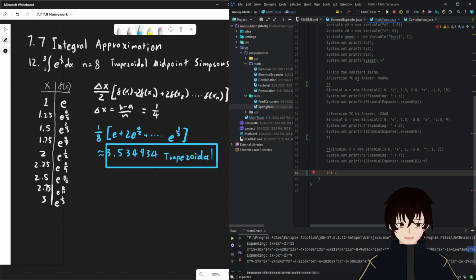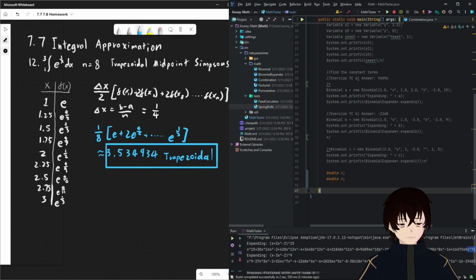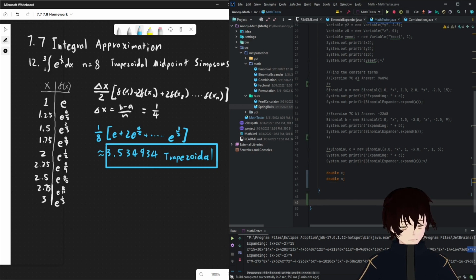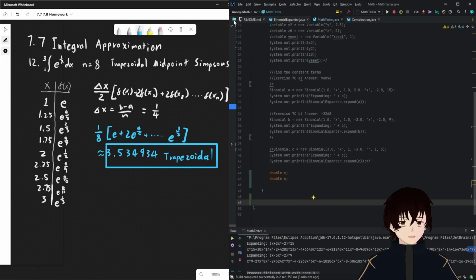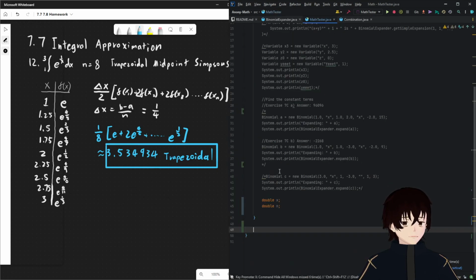Let's still have int x. Or rather, let's put double x. That's our variable x, double n. How do I want to do this? Oh, low battery. Let's ignore that. We don't need the project view.